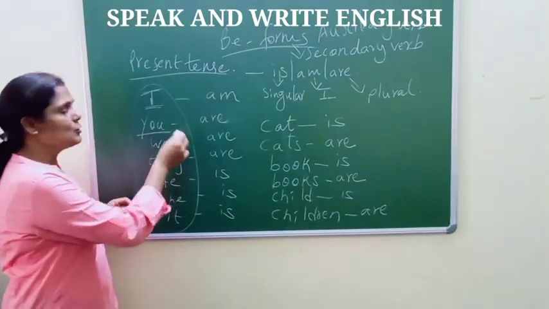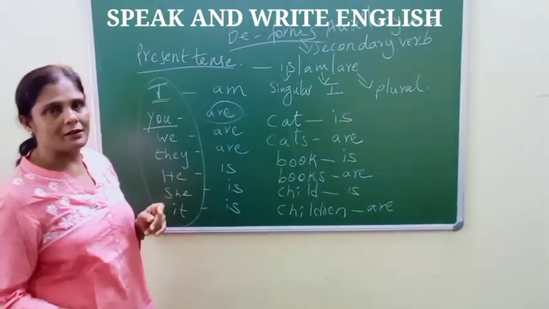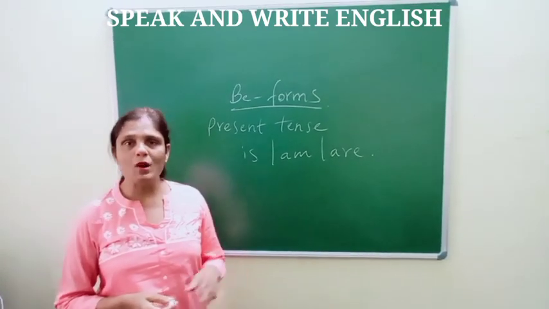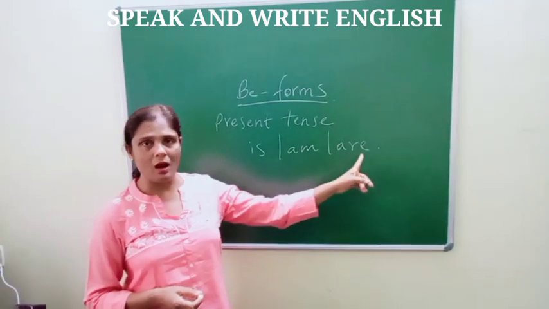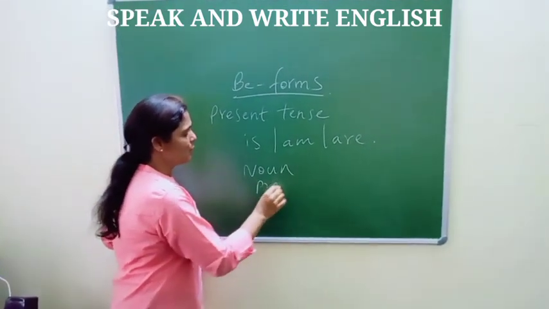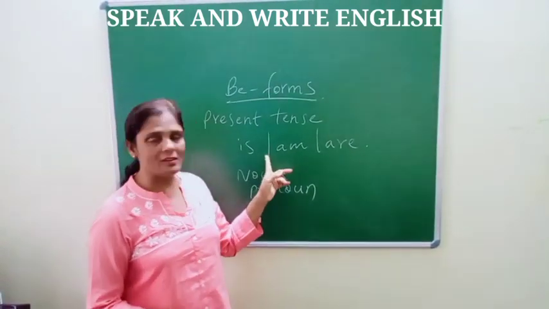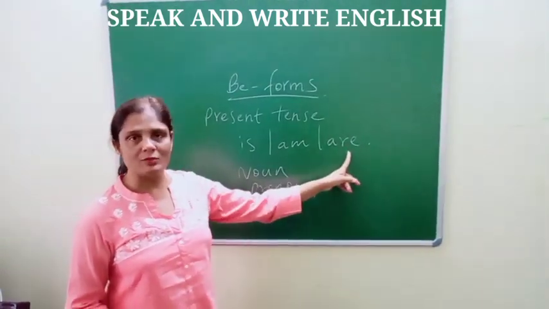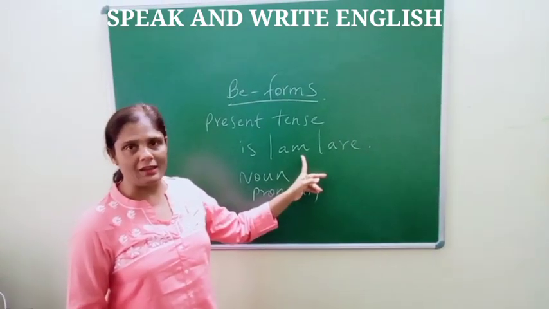We consider you in both the singular and the plural, but we take the be form are. I hope you are clear with the usage of the be forms is and are with both nouns as well as pronouns. Is is used for the singular, whereas are is used for the plural, and am will be used for the pronoun I.